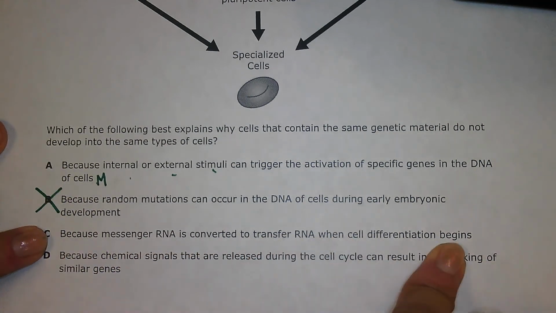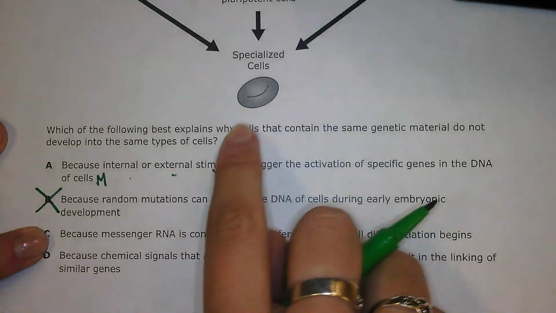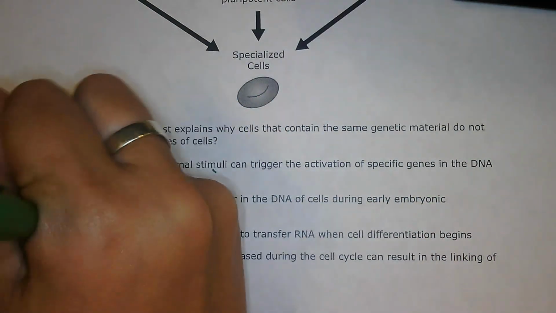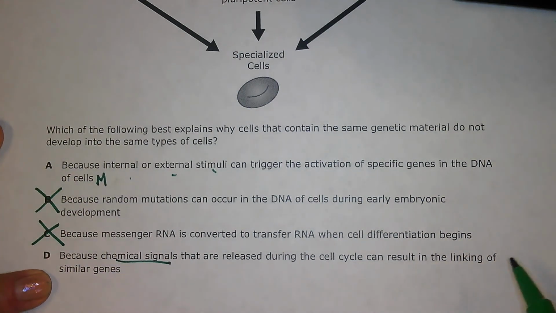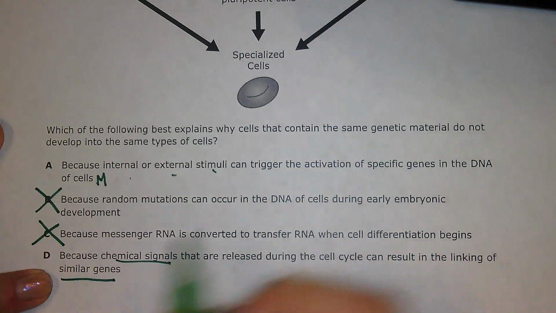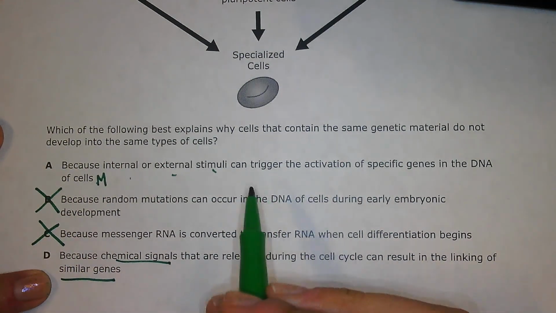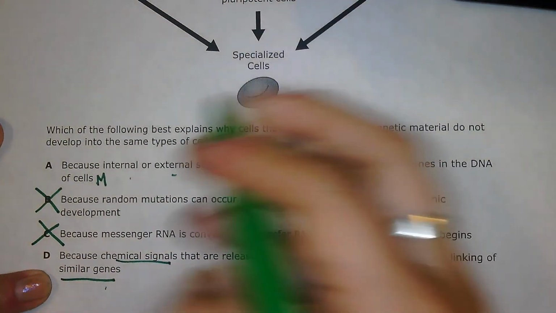This is just confusing. RNA has nothing to do with specialized cells, so that's not it. Because chemical signals that are released during the cell cycle can result in the linking of similar genes. First of all, there's no chemical signals that are released to link similar genes. I don't understand how similar genes develop into different specialized cells, so not D.